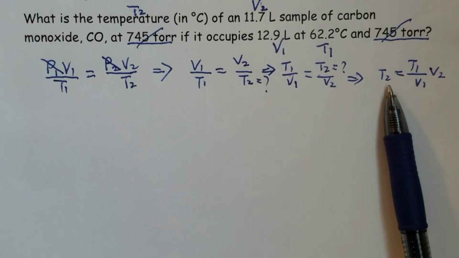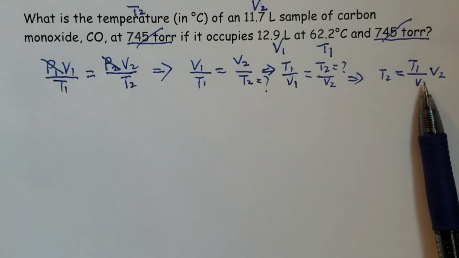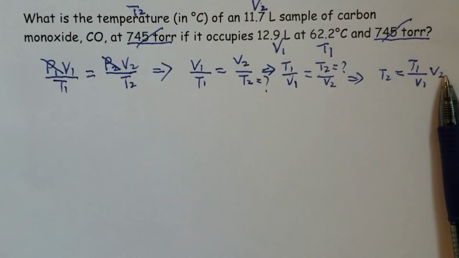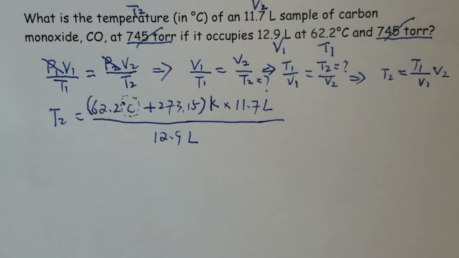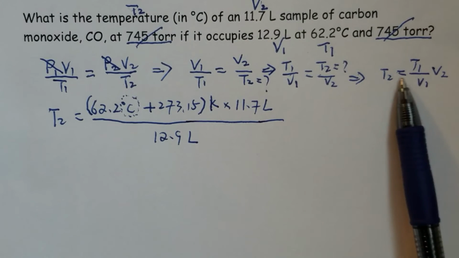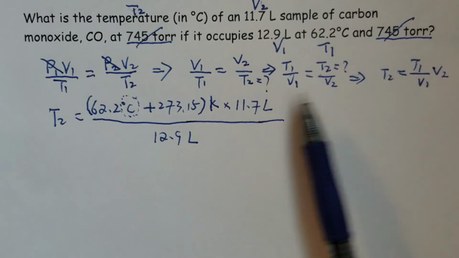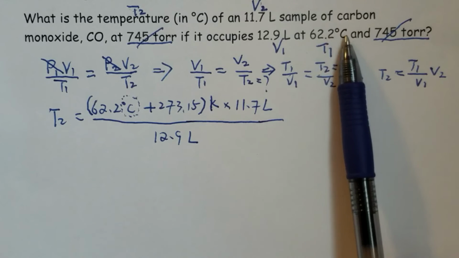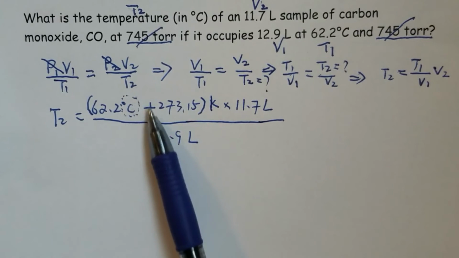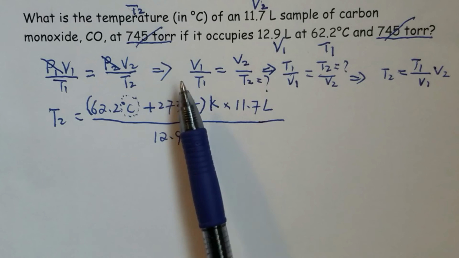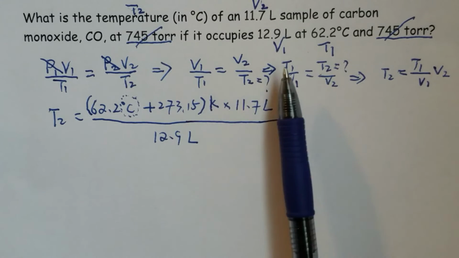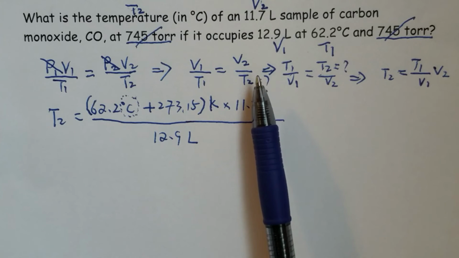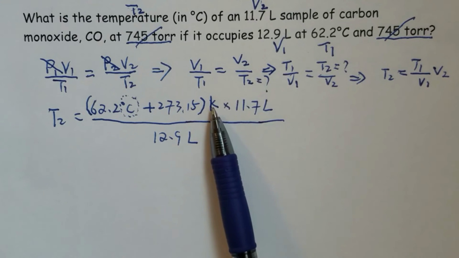Now we are ready to calculate T2 because we already know T1, V1, and V2. T2 equals T1. What is T1? 62.2 degrees Celsius. But please remember, the temperature in all of those gas law equations has to be in Kelvin.